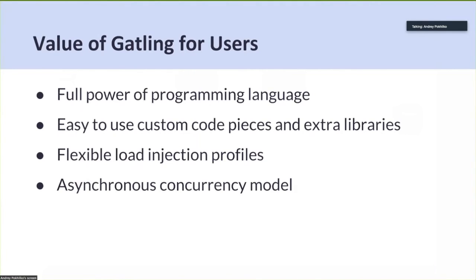This is why people come to Gatling. If the amount of custom code in your JMX file is a lot, if you're using some proprietary encryption functions, your own pieces of code, and there are a lot of them, then it makes more sense to switch to a programming language style.